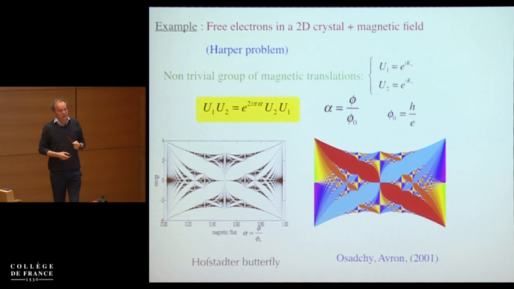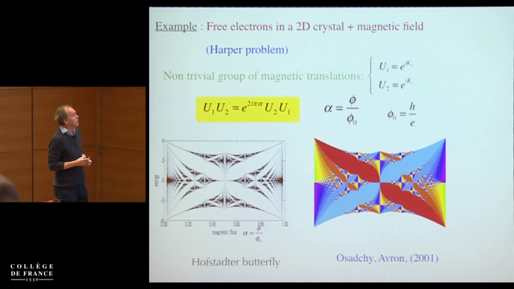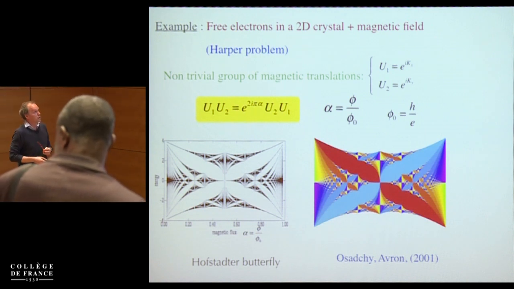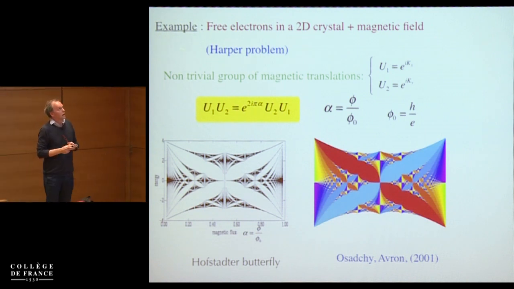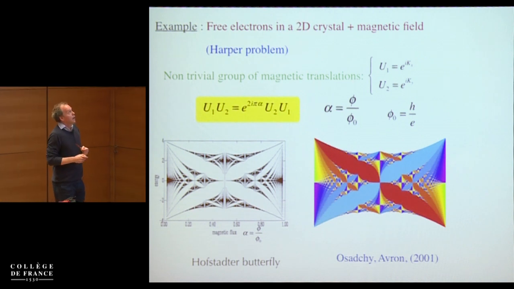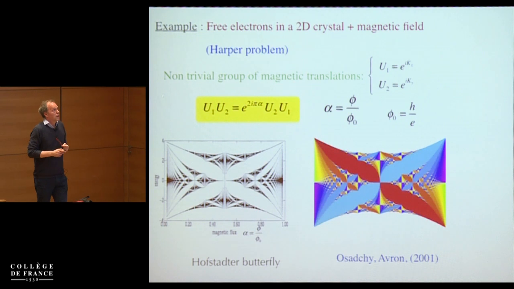Okay, so another example, which is also considered very often these days, is the example of free electrons in a 2D crystal plus an applied perpendicular magnetic field. This is the so-called Harper problem. And here you can also define a non-trivial group of magnetic translations, which are generated by the generalized momentum in the x and y direction.